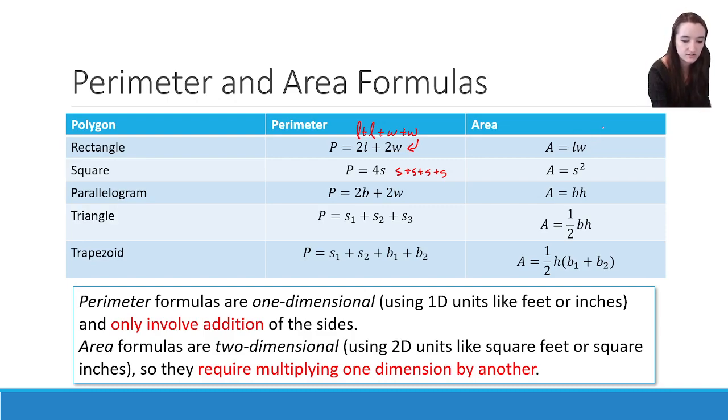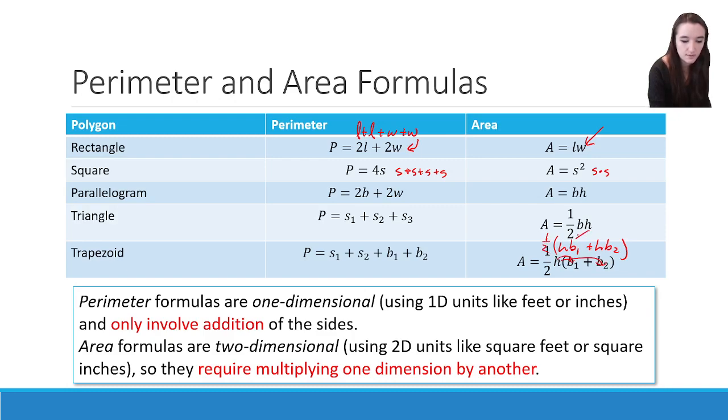Whereas for the areas, notice every one of them has one dimension multiplied by another. Length times width. Side times side. Base times height. 1/2 base times height. 1/2 height times base 1 plus base 2, but again, if I was to distribute this in, this would be height base 1 plus height base 2 times 1/2, right, when we distribute.